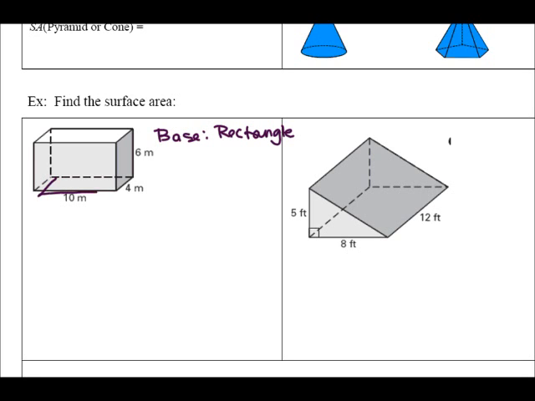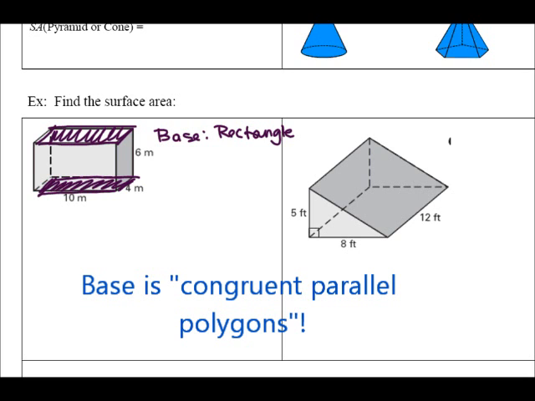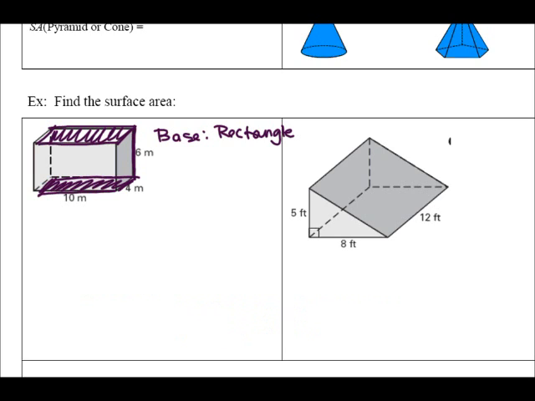This one, it just so happens to be that it is sitting on its base, but that's the base. So I'm going to shade that in so I remember that's my base. And remember, the way that you identify is looking for the parallel congruent polygons. Okay, the height is always the distance between the bases. So right here, this edge is labeled with 6 meters. That is our height.